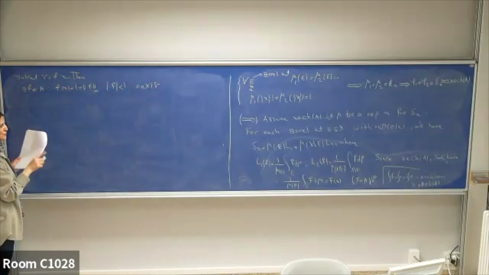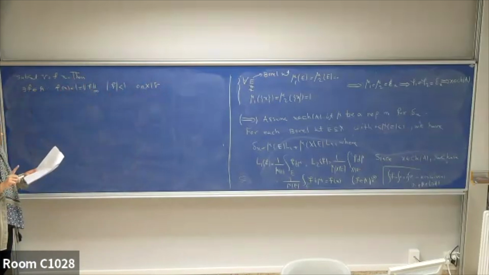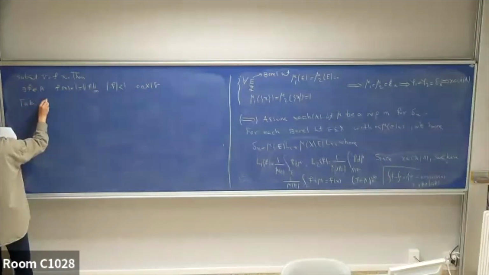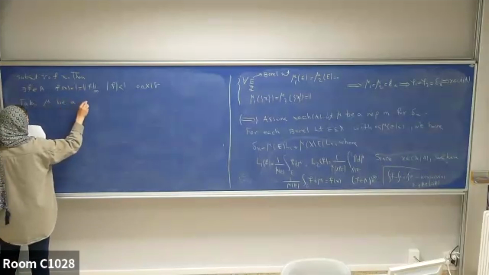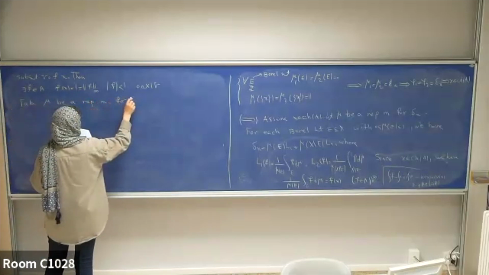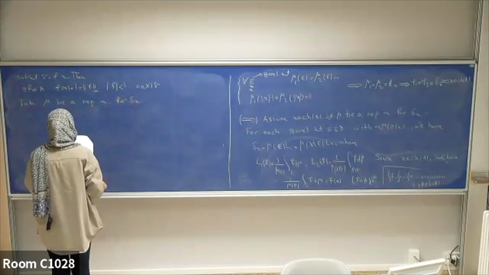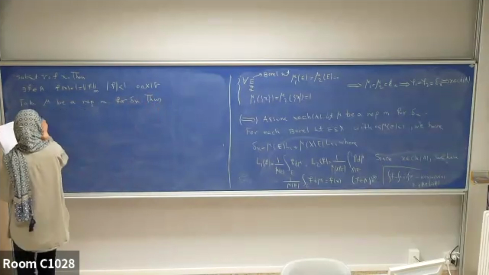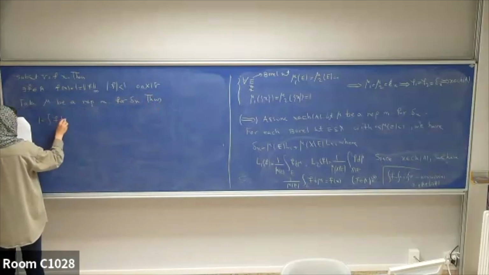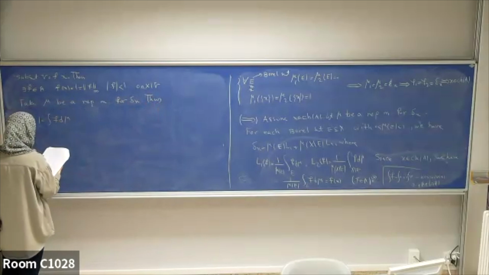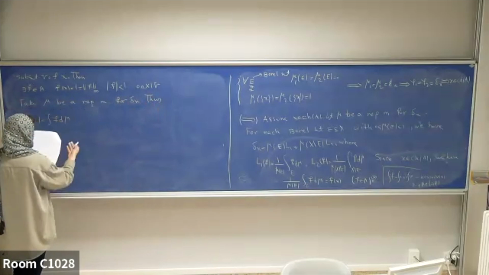I want to show that each representing measure for delta x is a Dirac measure, and use the previous theorem. Take mu to be a representing measure for delta x. So we have 1 is the integral of f d mu, because it's f of x, delta x of f.